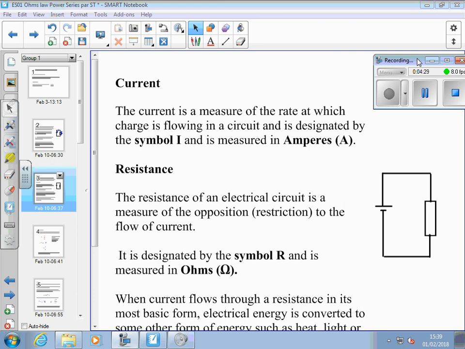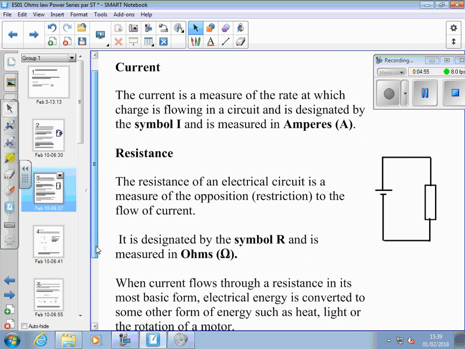Alright, we're electrical engineers, we use the right terminology. Okay, so current is a flow of electrons. You can encourage electrons to jump from atom to atom, and that flow of electrons is current flow.